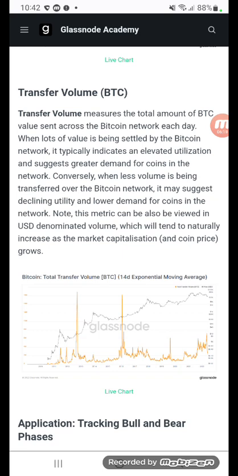Conversely, when less volume is being transferred, it may suggest declining utility and lower demand for coins on the network. Note this metric can also be viewed in USD-denominated volume, which will tend to naturally increase as the market capitalization and price grow.